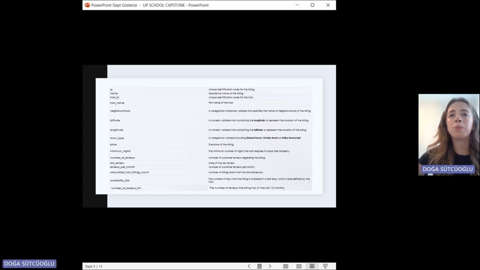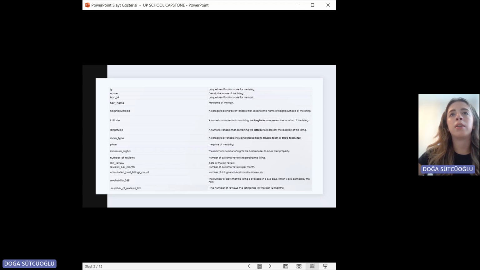The important columns that I used for determining the popularity are number of reviews and number of reviews LTM. Number of reviews LTM means the number of reviews that a listing has in the last 12 months.